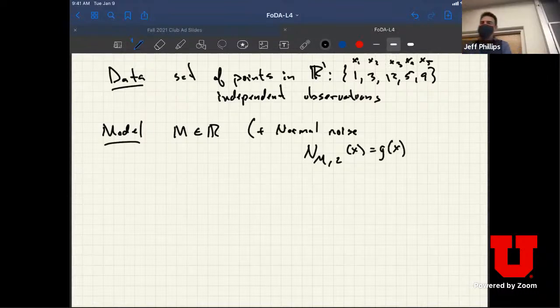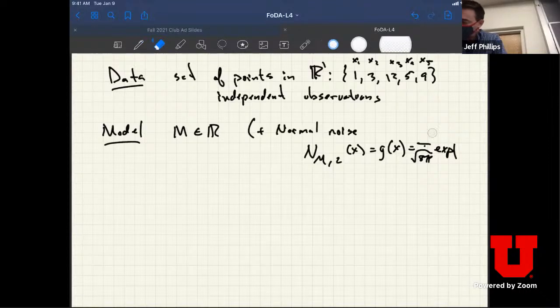It's a little simpler. And this is equal to the normal distribution with the standard deviation of 2, which is 1 over the square root of 8 pi times the exponent. Let me write this on the next line here.